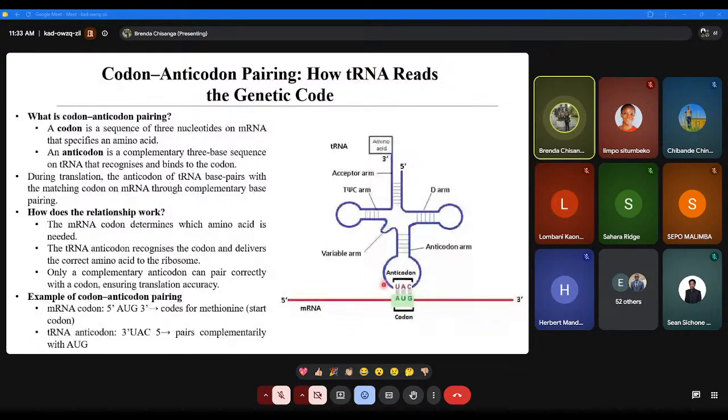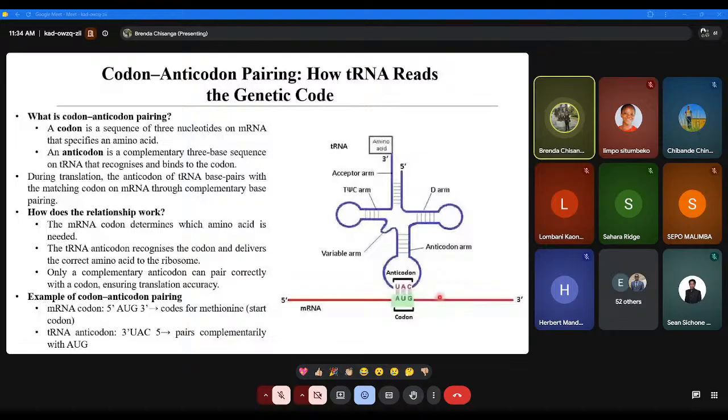Remember, this is RNA, we don't have thymine. That is why at this position, we have uracil. On the second position, it is U. It complementary base pairs with A, which is adenine, and so on and so forth. What you see here is that the anticodon is complementary to the codon on the mRNA.